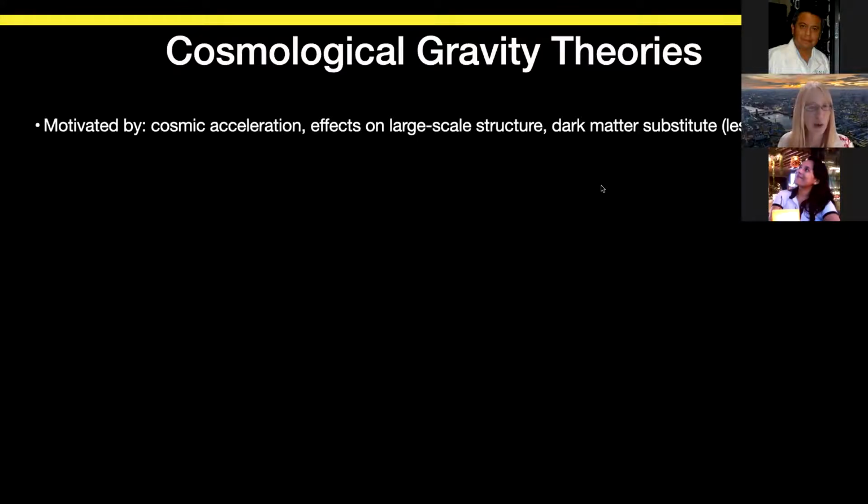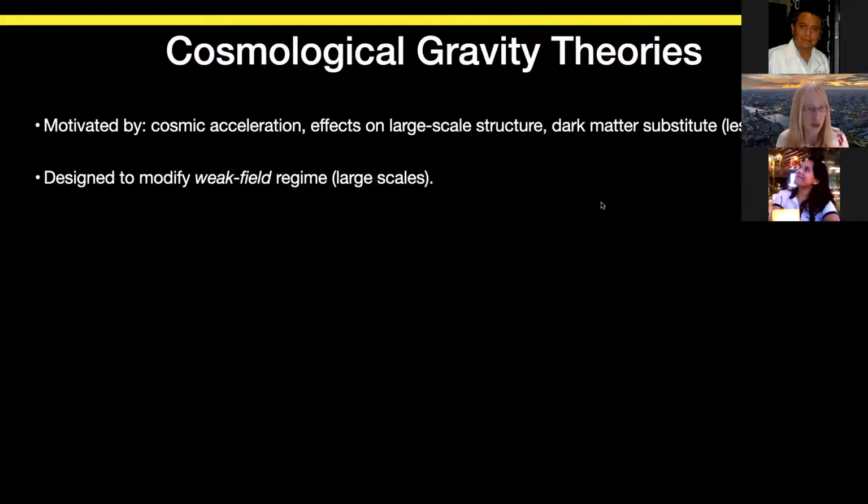Now, I want to stress, these are cosmological theories I'm talking about. The theories that I talk about today are designed to modify the weak field regime, in particular the large scales of the universe. They're not necessarily designed to do things around black holes.